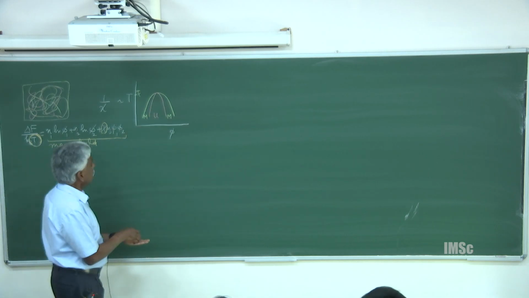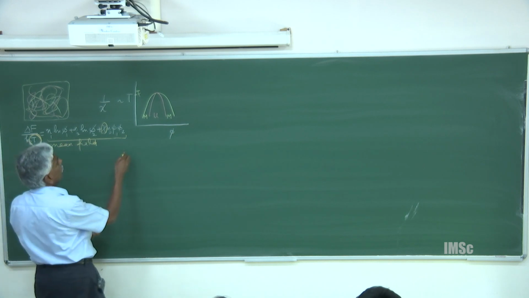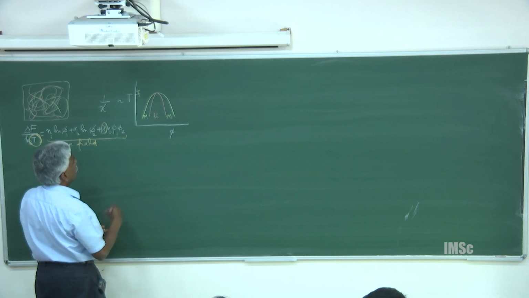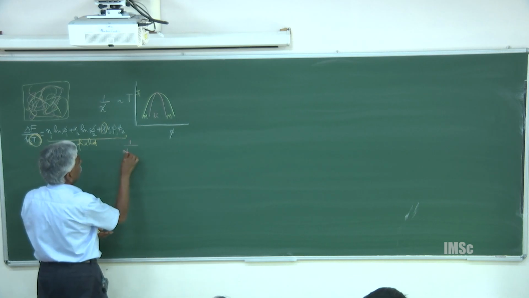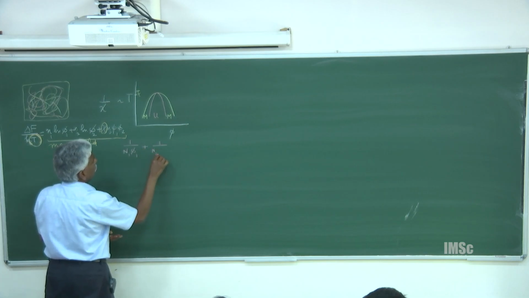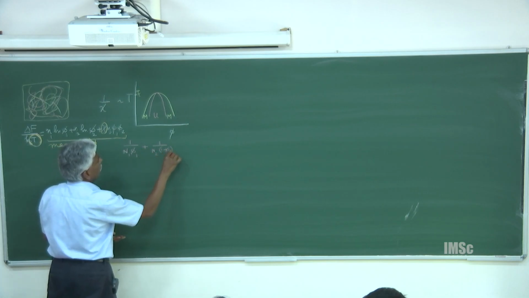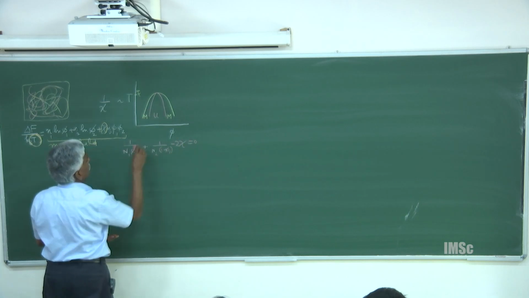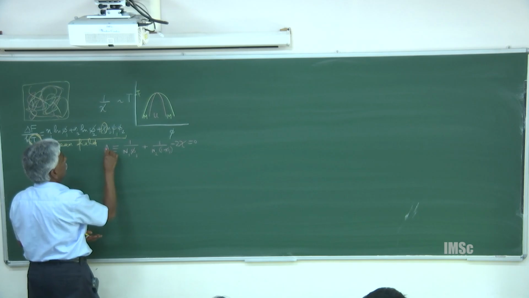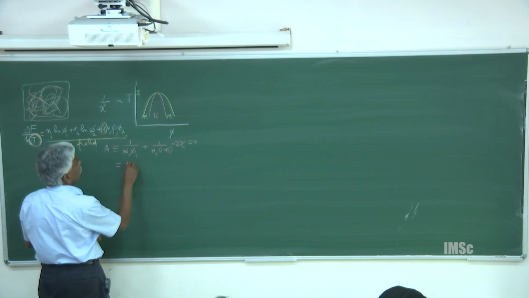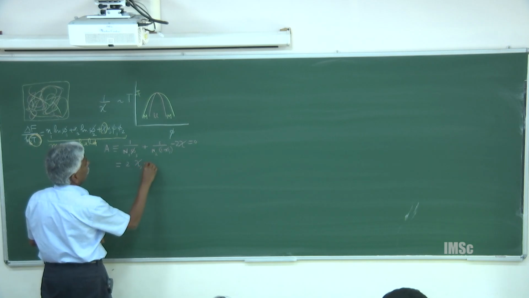And in fact what we did was we wrote this red curve as something like 1 over n1 phi 1 plus 1 over n2 (1 minus phi 1) minus 2 chi. This is equal to 0 at this point, and this we call A, and we wrote this to be 2 (chi spinodal minus chi).